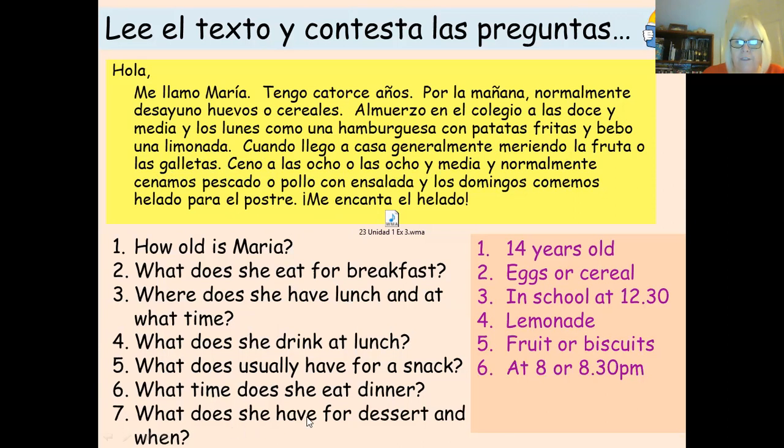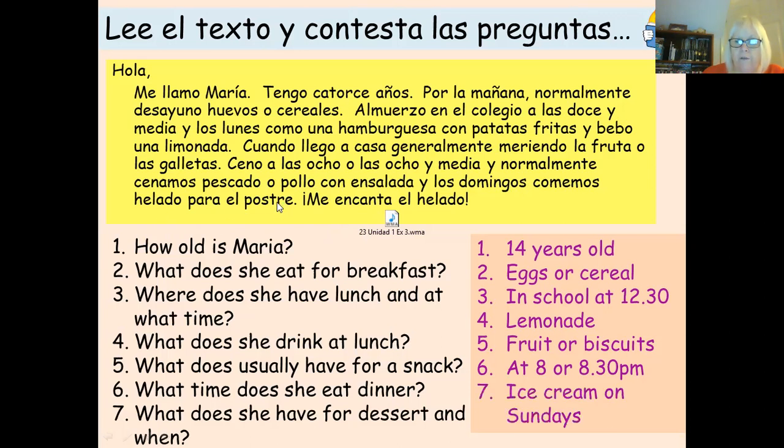And what does she have for dessert and when? So for dessert, the word you want is a new word that hopefully you've written down. It's el postre. El postre is pudding or dessert. And it says, los domingos comemos helado para el postre. So Sundays we eat ice cream for pudding or for dessert.